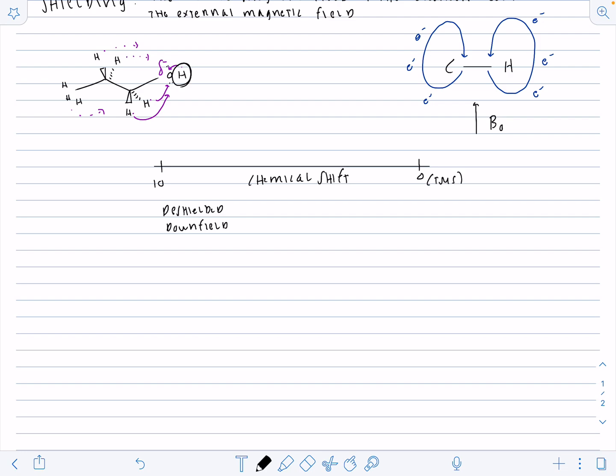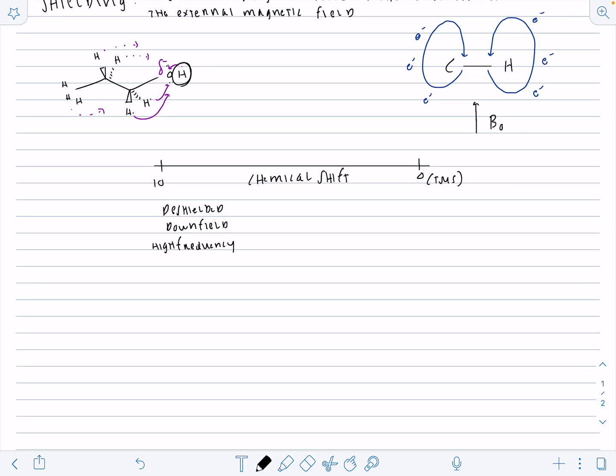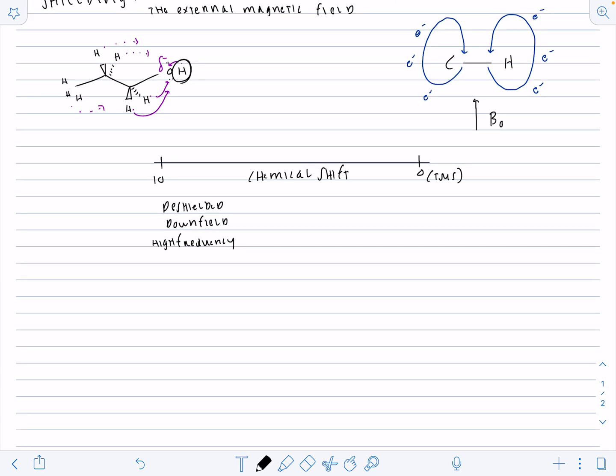TMS is 0. And they also occur at a higher frequency, and we'll explain why later, probably in a different video. But okay, so if this area is more de-shielded than this area, which is more de-shielded than this area, that means that this right side of the spectrum is upfield, has a lower frequency, and will be more shielded.